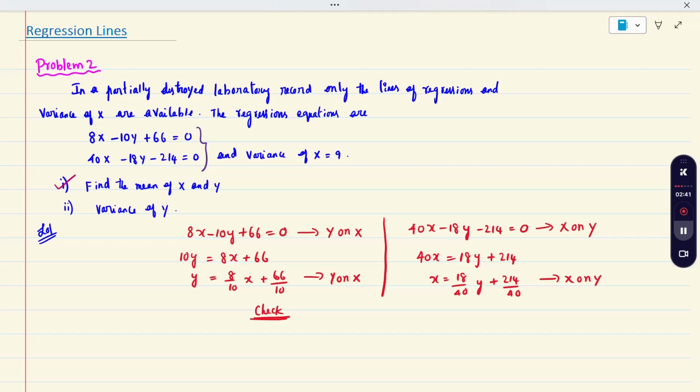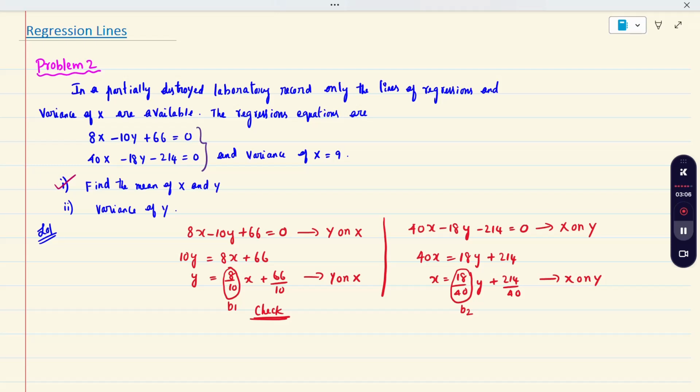Before cross checking, take the corresponding coefficients. When it is y on x, the corresponding coefficient of x is b1. When it is x on y, the corresponding coefficient of y is b2. So this is b1 and this is b2.